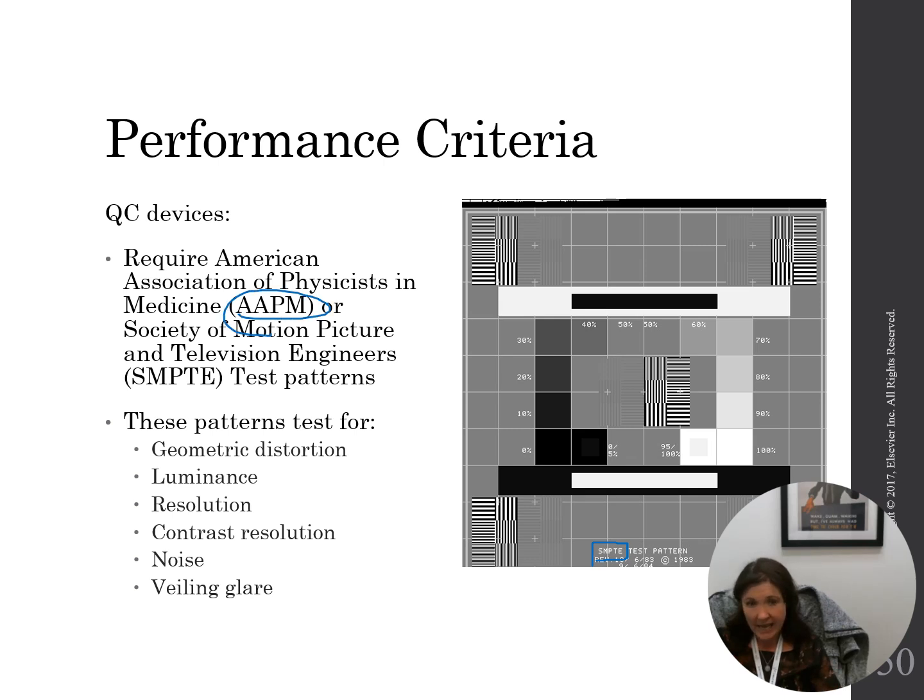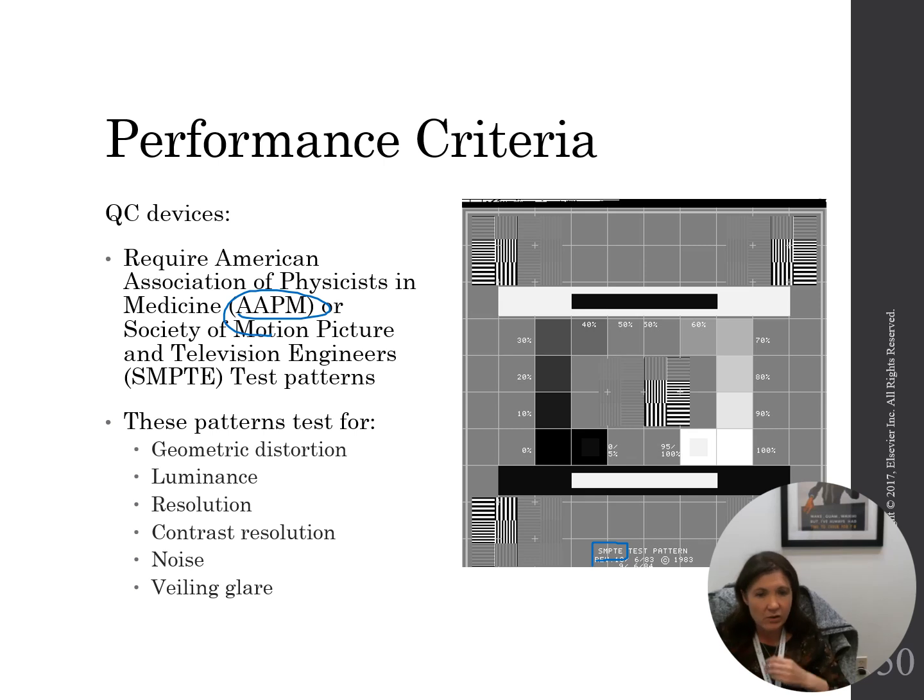And remember, it's the AAPM task group 18 that is commonly used now. There is a number of different patterns that you can use in that task group 18. Those patterns are all going to come with instructions of exactly how to evaluate them, and so it can make it a pretty easy project if you're willing to read the instructions.